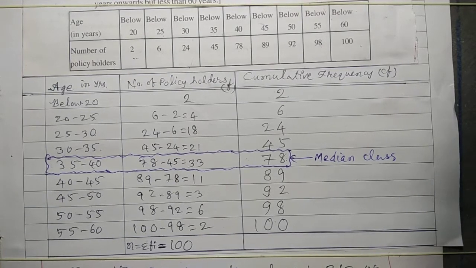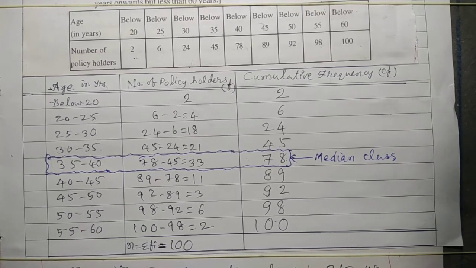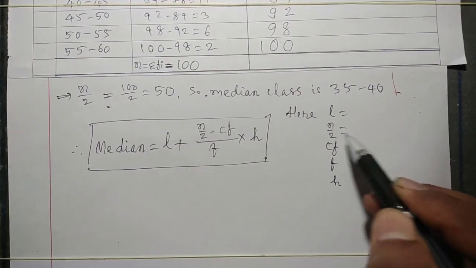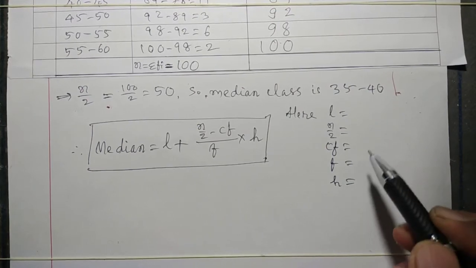So we can find the median using this formula: L plus (n by 2 minus Cf) by small f into h. This is the formula to find the median. We have to know all these values: L, n by 2, Cf, small f, h.